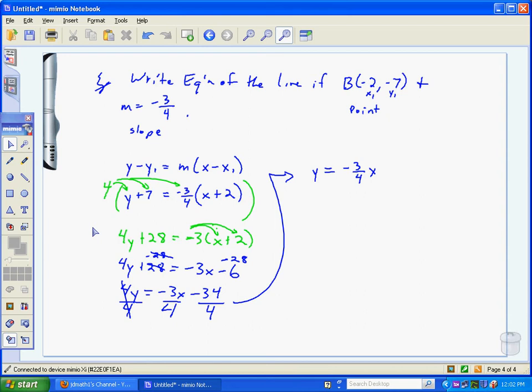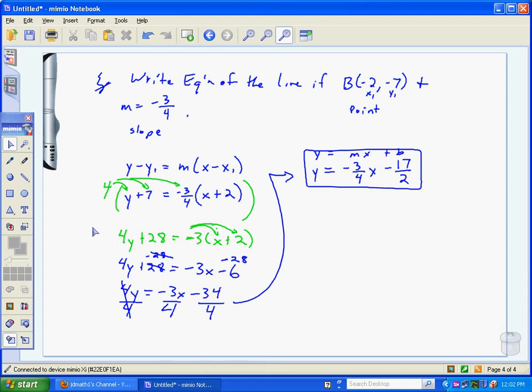So we can take a 2 out of both of those, and we get -17/2. Now, of course, if we were plotting that, we would need to know what that looks like, and that's just -8.5. But there I am in mx plus b form, or slope-intercept form. All right? So that's perfect.